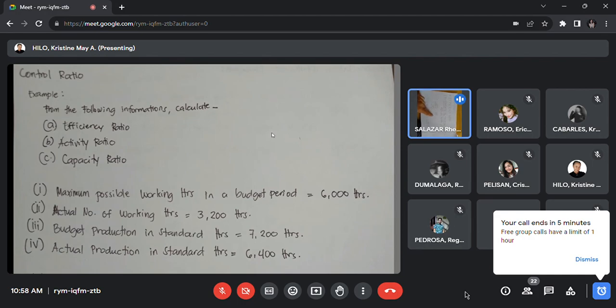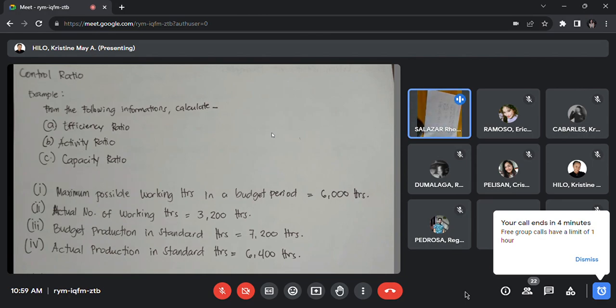I-times nato sa 100. So, 6,400 divided by 3,200 is equal to 2. I-times nato siya sa 100. So, ang efficiency ratio nato is 200%.